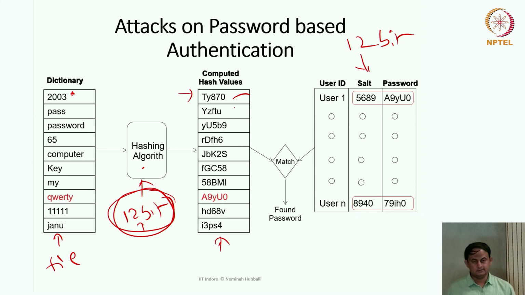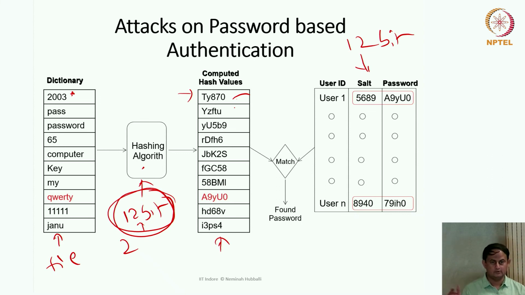So if I guess the length of the salt value or random number, how many bits there are, there are 2 to the power of those many combinations. So for 12 bits, the possible combinations are 2 to the power of 12. For those many combinations, for one word, those many hash values are there in this pre-computed list.